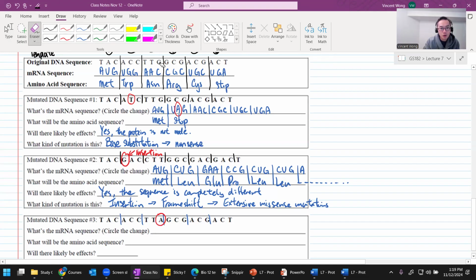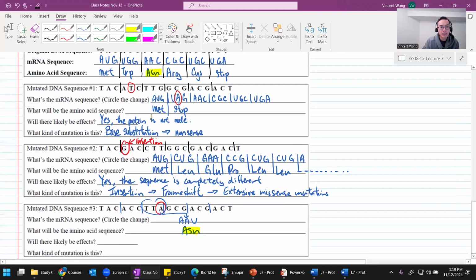Instead of TTG, it's TTA. To speed things up, everything before and after are the same. If you do the TTA, that's going to be AAU. And if you look up AAU, it is going to be ASN. So it was ASN before, it is still ASN.